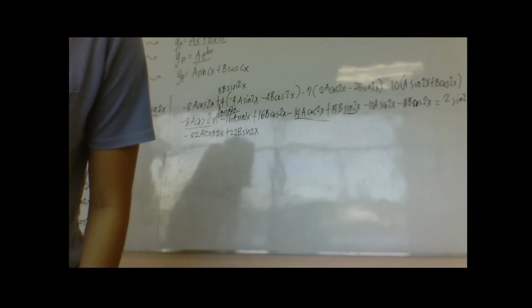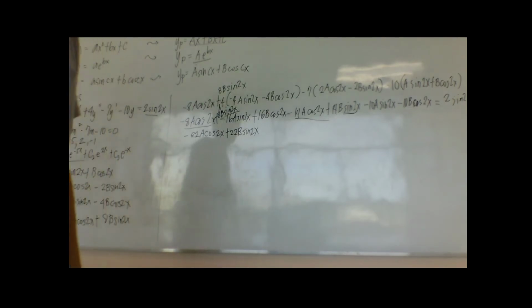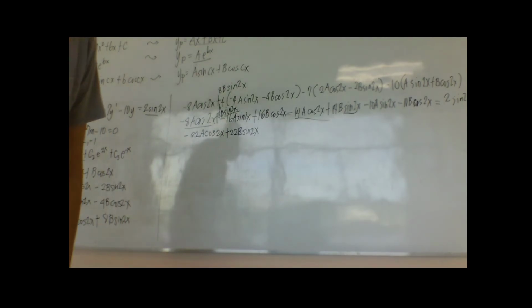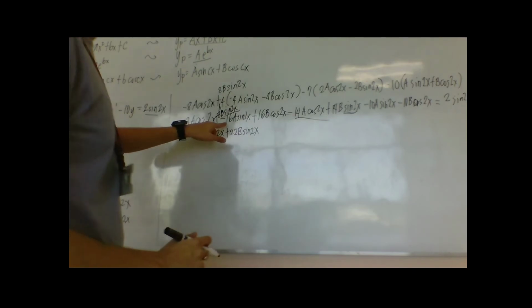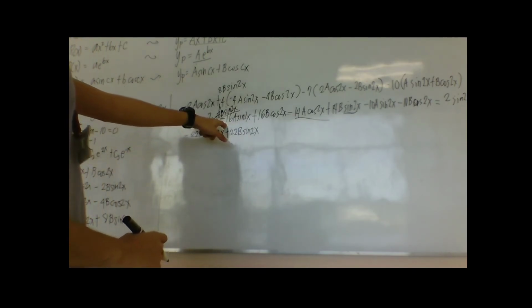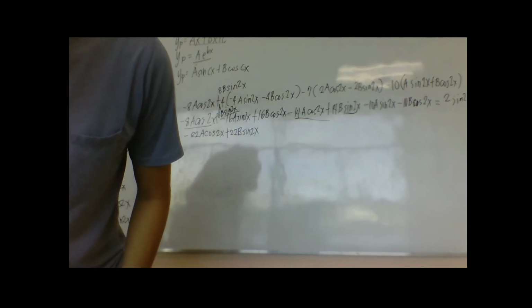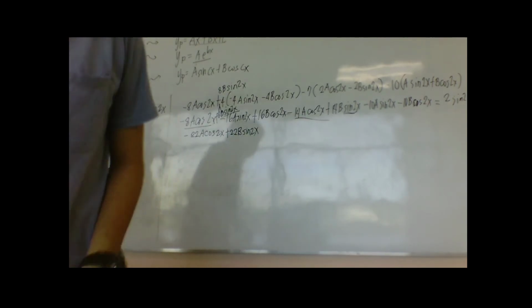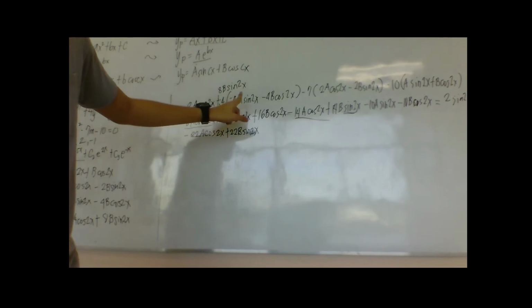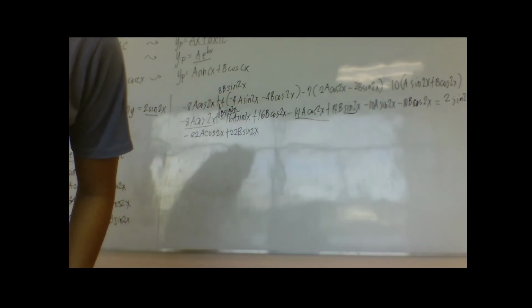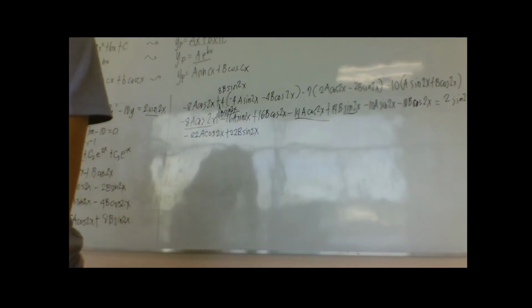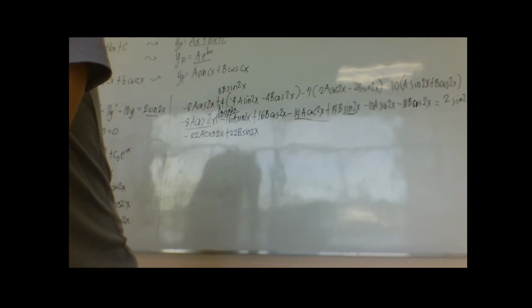So the next is a sine 2x. This should be plus 4, and this is negative 4. Wait, there's an error, I think.